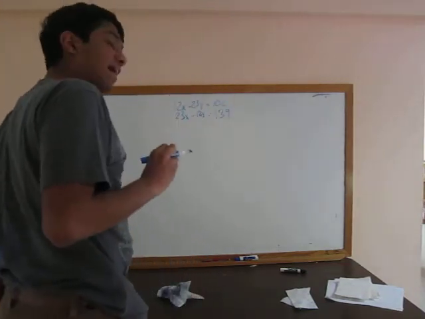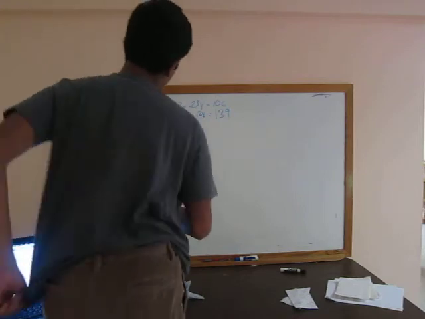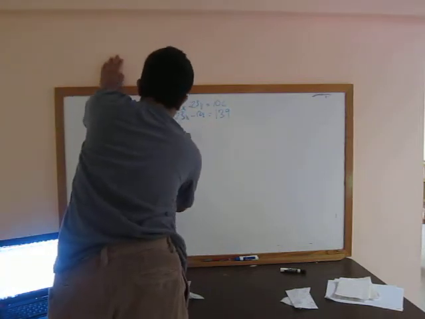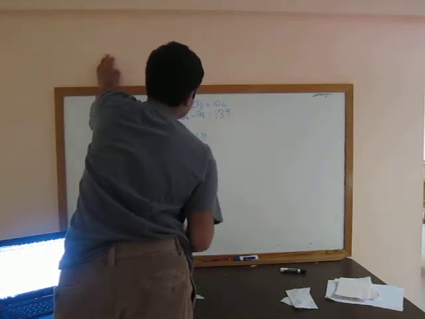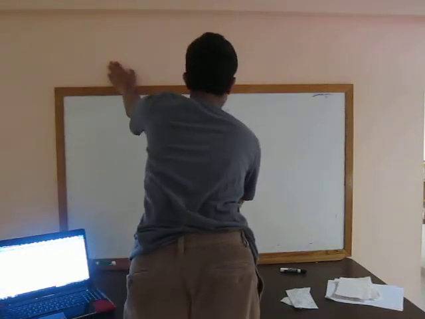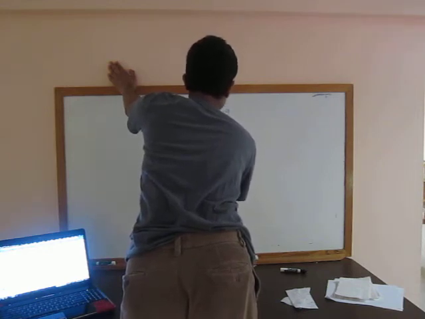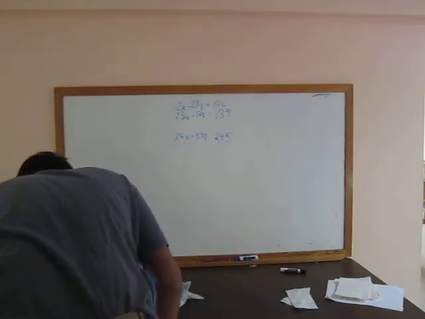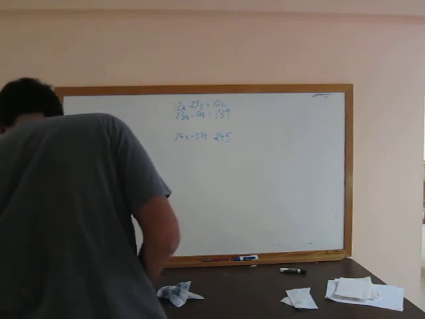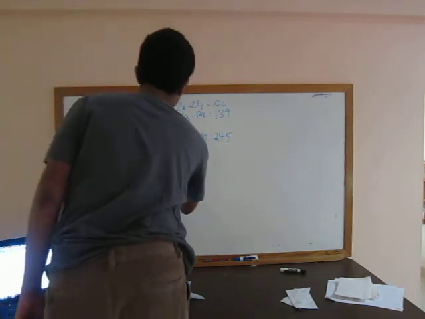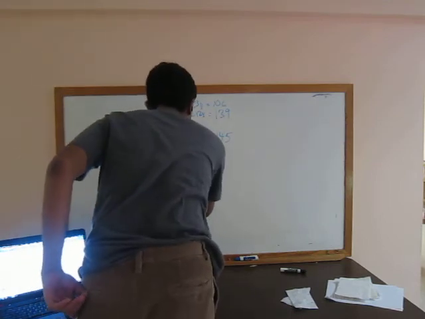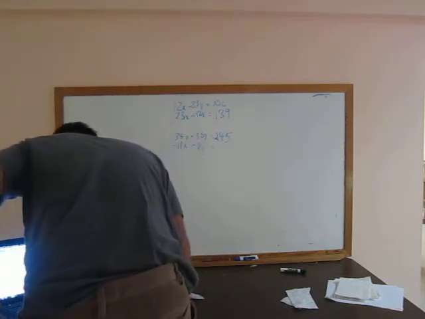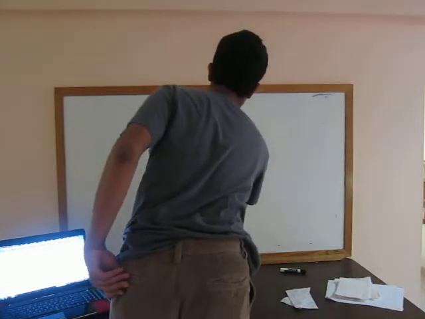So, I'm going to add these two. I'm going to get 35x minus 35y equals 245. And if I subtract the two equations, I get negative 11x minus 11y equals negative 33.